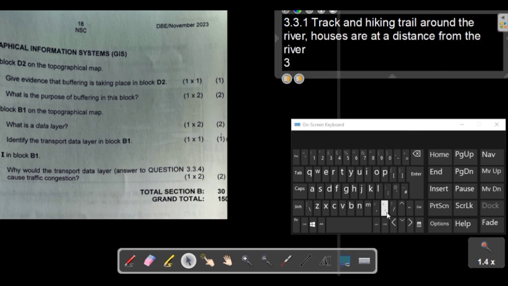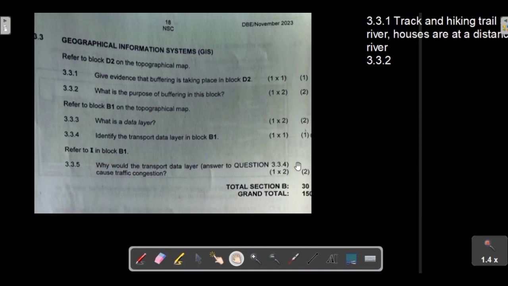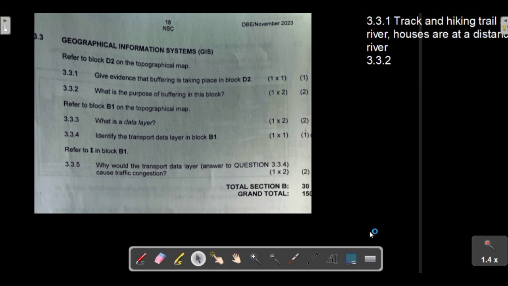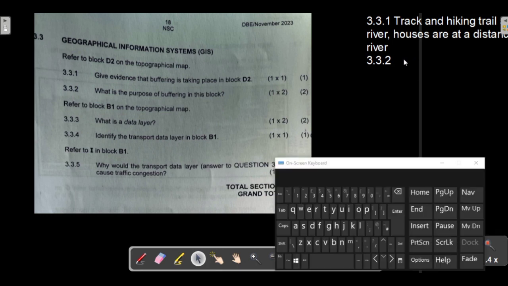Okay, let's take a look at 3.3.2. So it says, what is the purpose of buffering in this block? Okay, so well, guys, there's a river here, so we're trying to prevent flooding. Okay, it's simple as that.